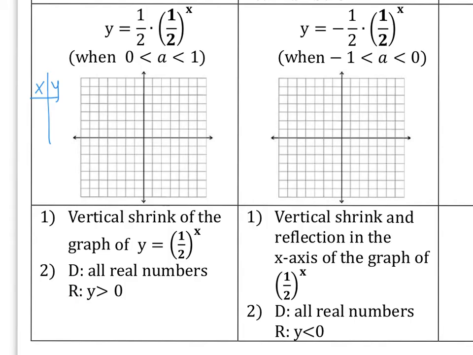Okay, let's take a look at this exponential decay function. y equals half times half to the x power. In this case, a is between 0 and 1, meaning it's fractional. And let's see what happens to the graph. I'm going to first graph y equals half to the x power.